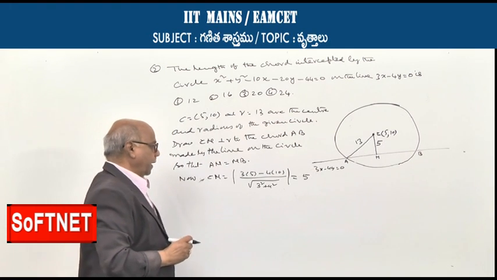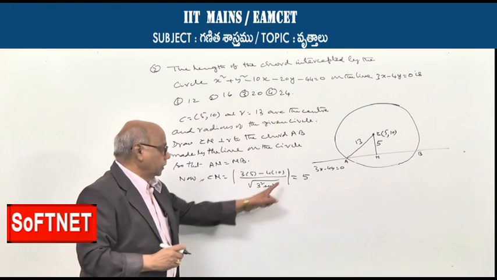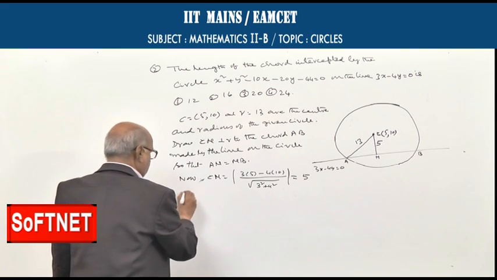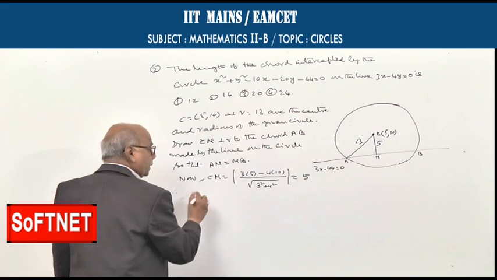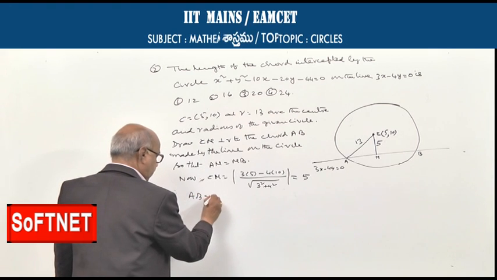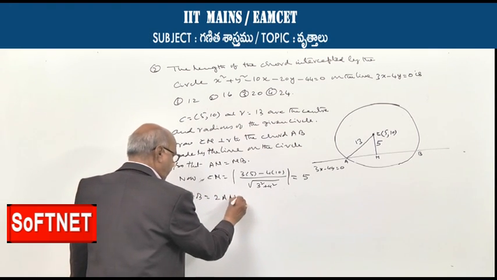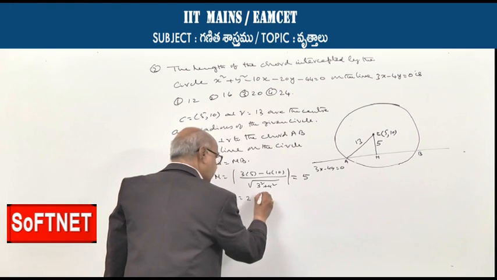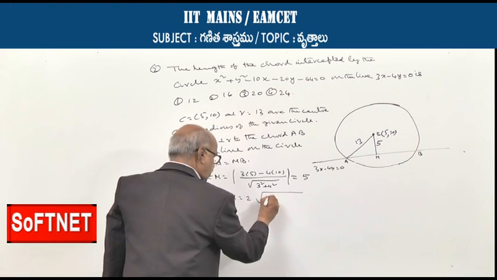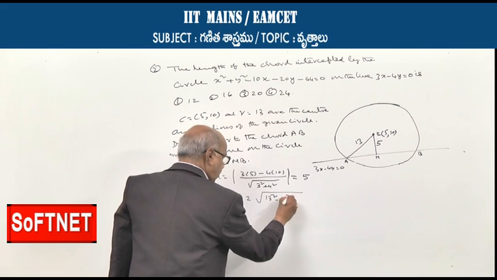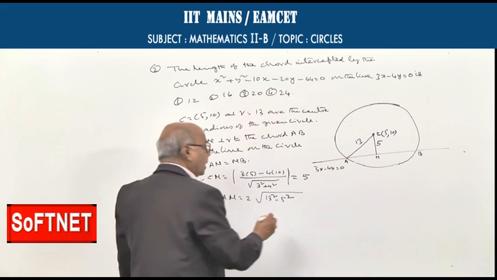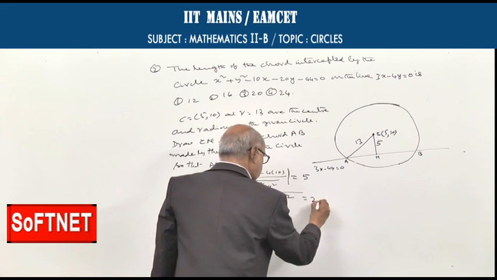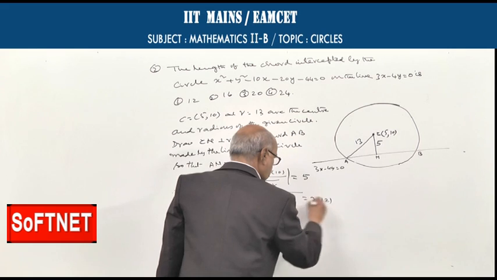40 minus 15 is 25, 25 by 5, which is equal to 5 itself. So now AB is equal to directly twice AM, that is twice the square root of 13 square minus 5 square, which is equal to twice 12.